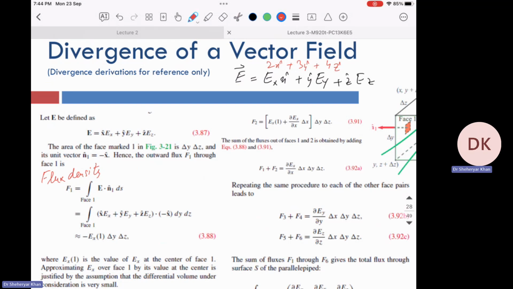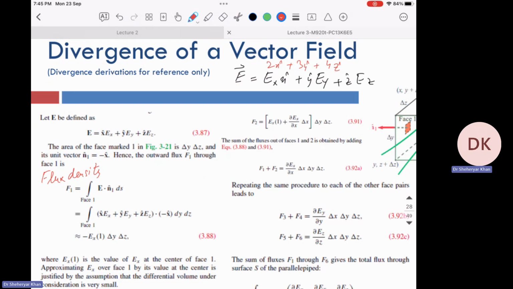Along this, the length is dy and the height is dz. So you multiply this, and then you simplify. You see that y dot x is 0, and z dot x is 0. So these two components cancel out, and we get only the x component, and we get Ex dy dz. So we write 1 here.